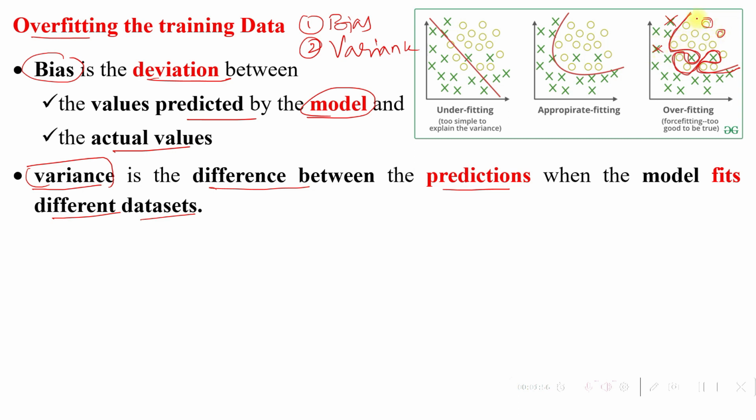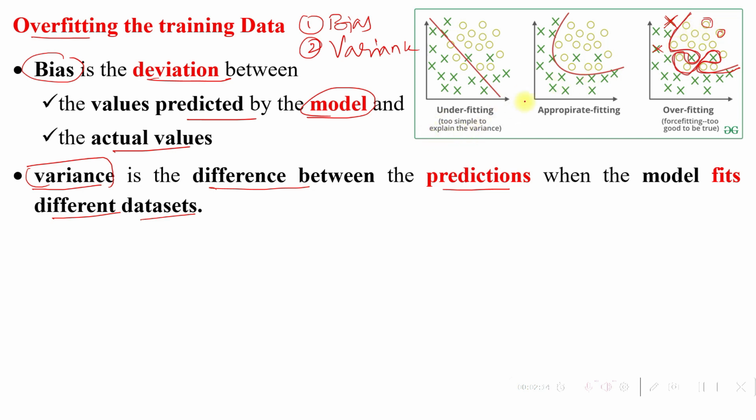Here there is no deviation between these two types, which is called low bias. There is no difference between the actual values and the predicted values.